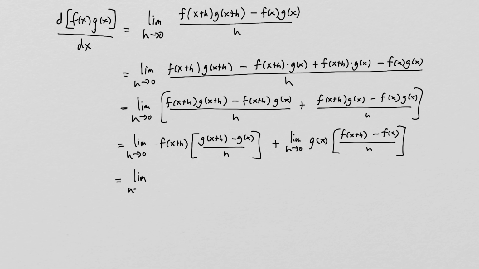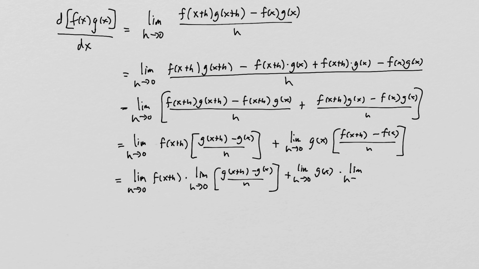So I have the limit as h goes to 0 of f of x plus h, times the limit as h goes to 0 of g of x plus h minus g of x over h, plus, and I'll do the same thing for the second part. I have the limit as h goes to 0 of g of x multiplied by the limit as h goes to 0 of f of x plus h minus f of x over h.